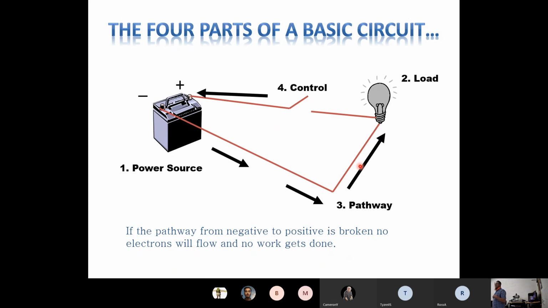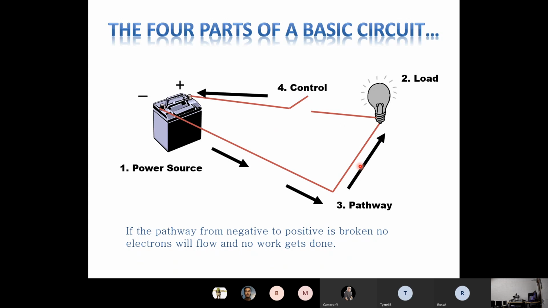Okay. Everybody good with this? Okay. 4 parts. If the pathway is broken, no electrons get through. That's all you need to do right now. Power is broken, no electrons.